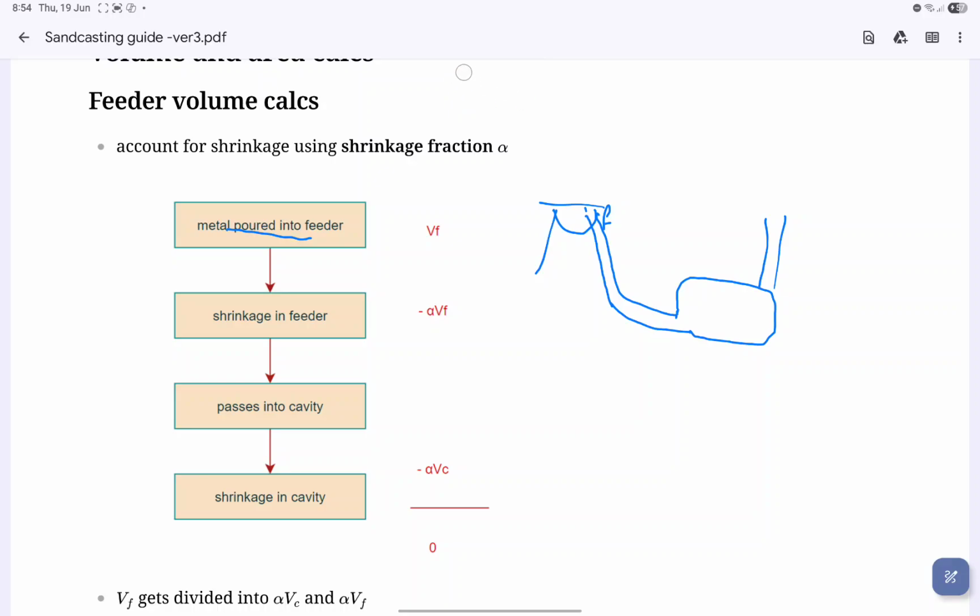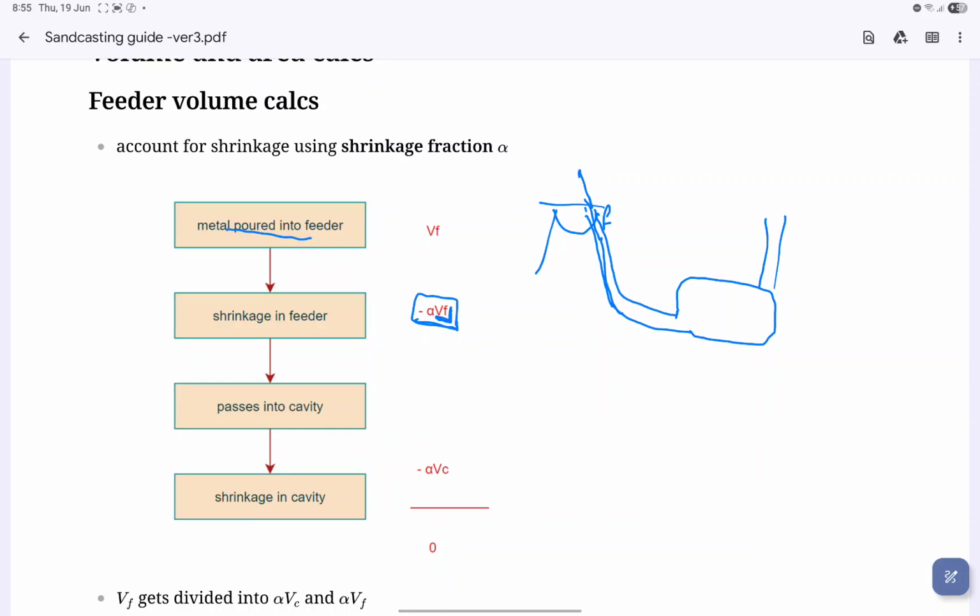It is confusing, man. Anyway, the volume that goes into the feeder undergoes some shrinkage, okay? That's why we subtract the shrinkage factor times this volume of the feeder.